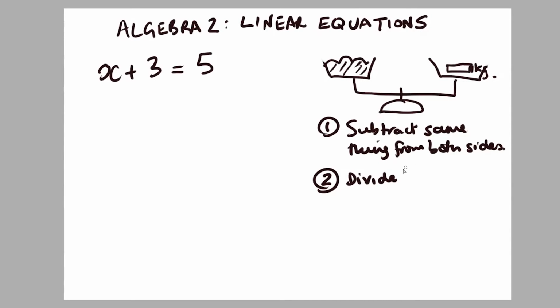You can divide by the same number on both sides. Okay? And a little bit of a white lie here, but we won't worry about that. We'll talk about exceptions to this in later tutorials.